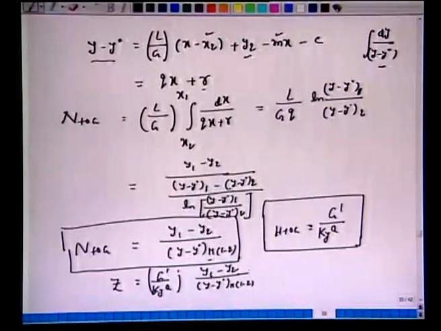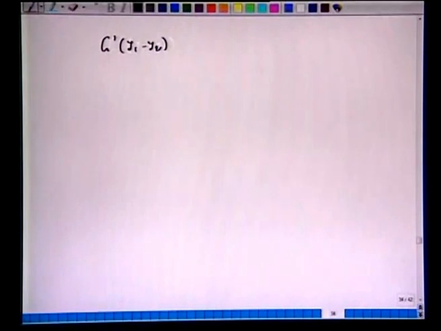Sometimes this same equation is rearranged to obtain G prime y 1 minus y 2, which is how much sulfur dioxide or impurity is removed, and this also equals capital K y A Z times the log mean of y minus y star. This type of expression is very frequently encountered for the special case where the equilibrium curve is linear and we have dilute solutions.